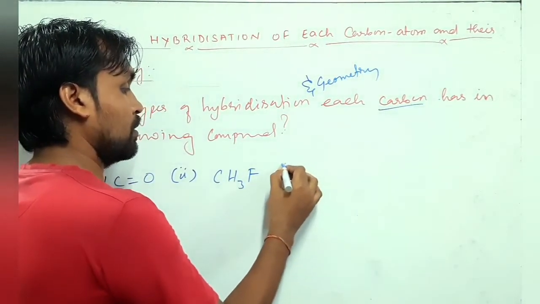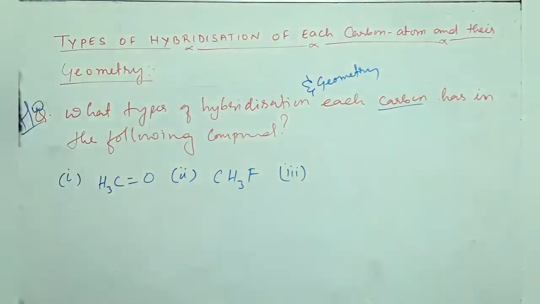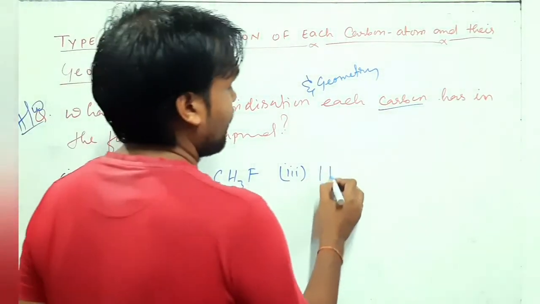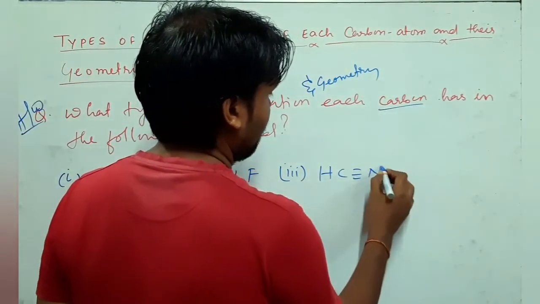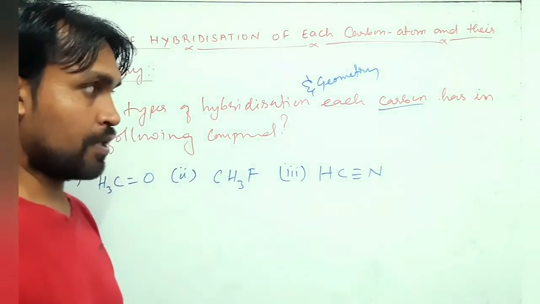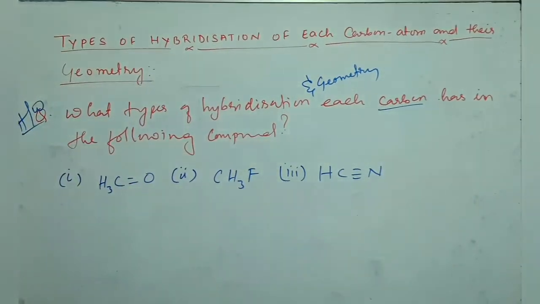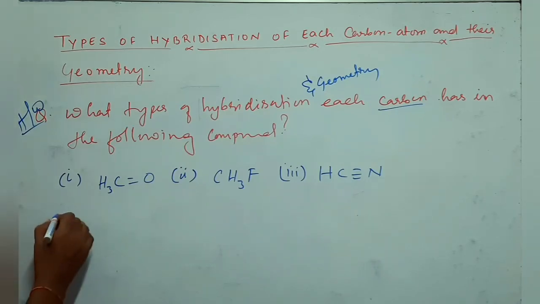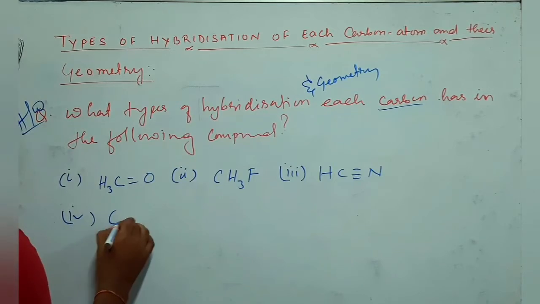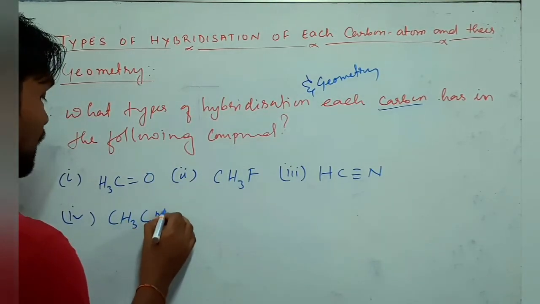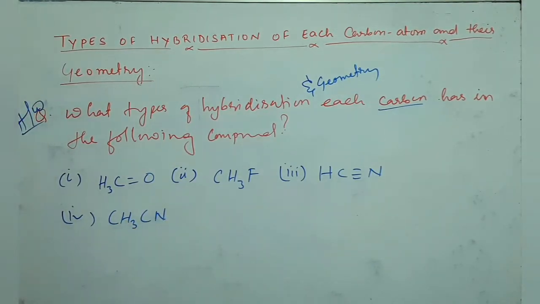Question number 3 is HC triple bond N. So you have to write their hybridizations and their geometry. Then the 4th one is CH3CN. Okay, so these things we have to do.